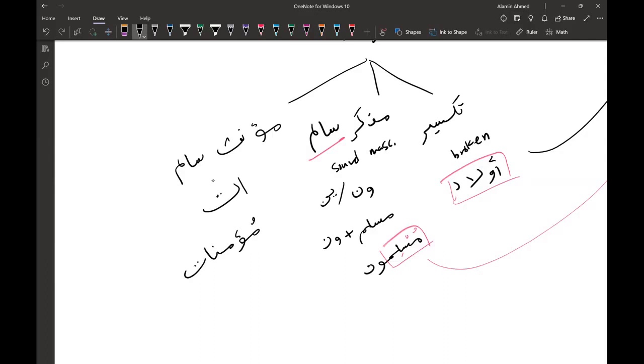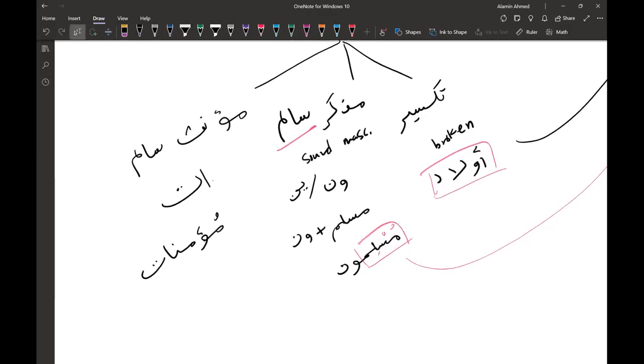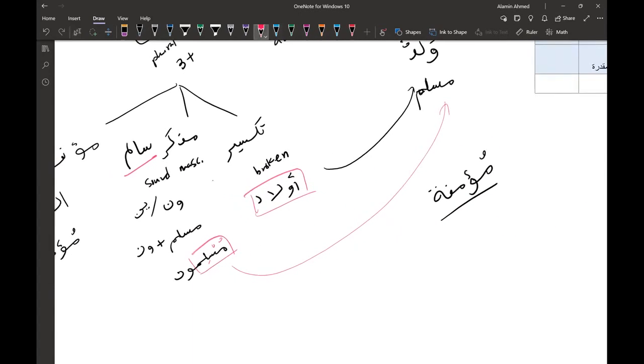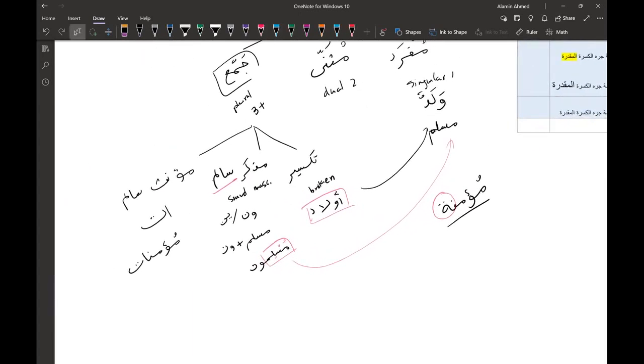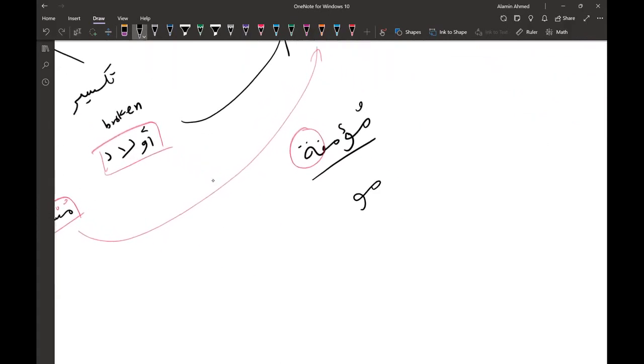I think you know this one. One thing you have to make sure you understand is that you have to drop the ta from the singular. The reason is very interesting, because the word was mu'min. Why did we add the ta marbuta?